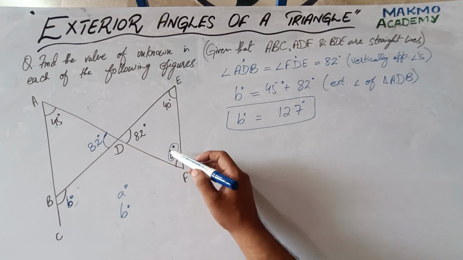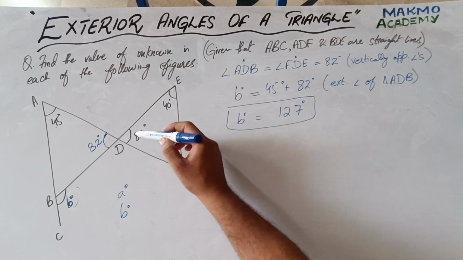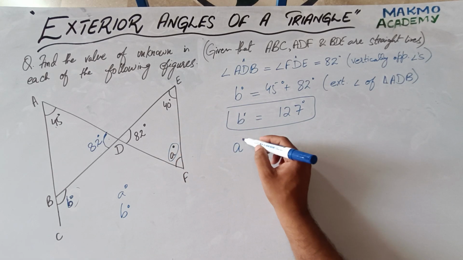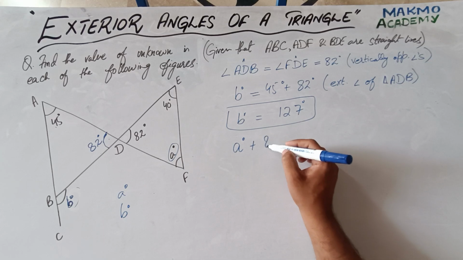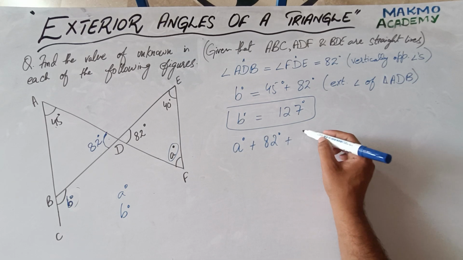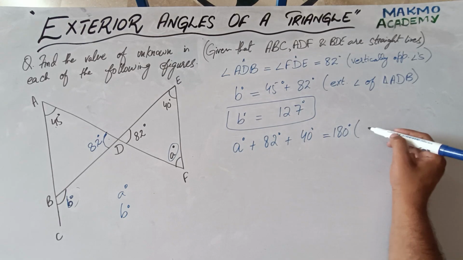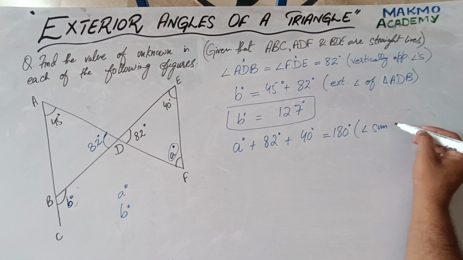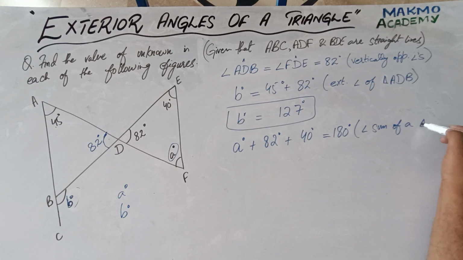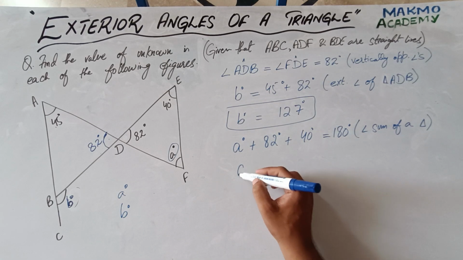Now we need to find out the size of angle A. Angle A, 40 and 82 all are the interior angles of a triangle. So we can apply this property, A plus 82 plus 40 degrees is equal to 180 degrees, angle sum of a triangle. Now add both of these two.